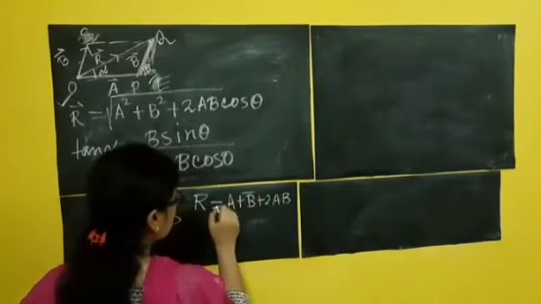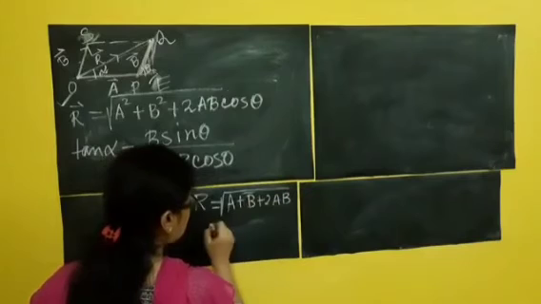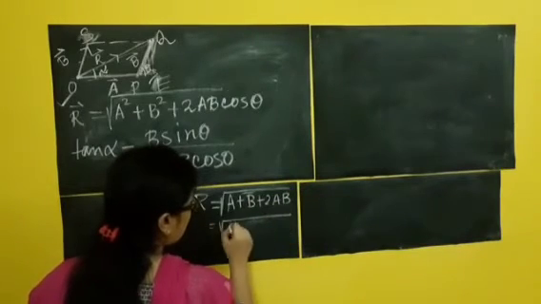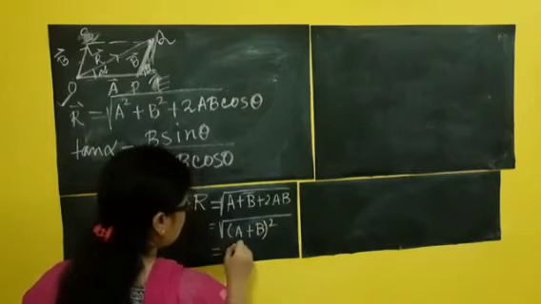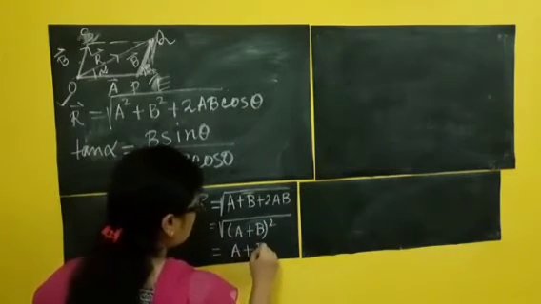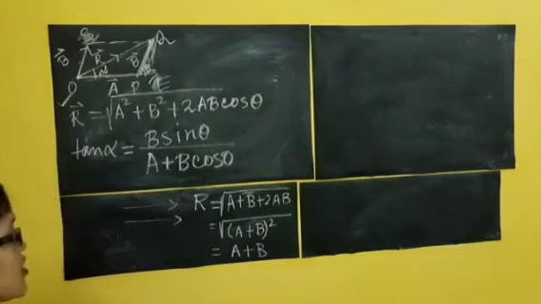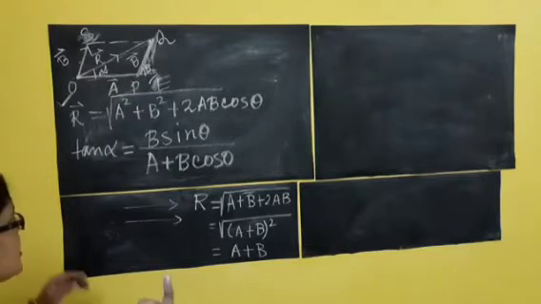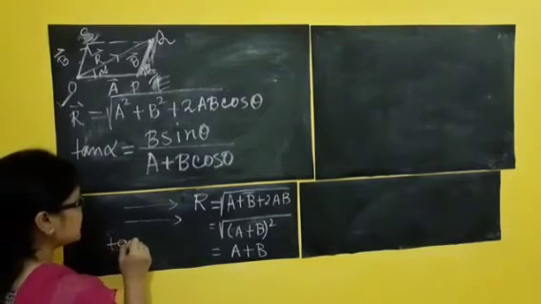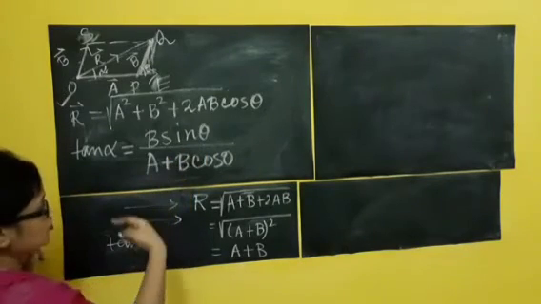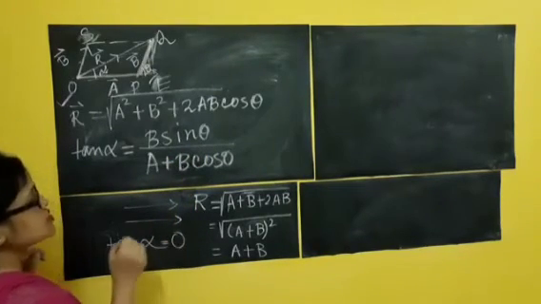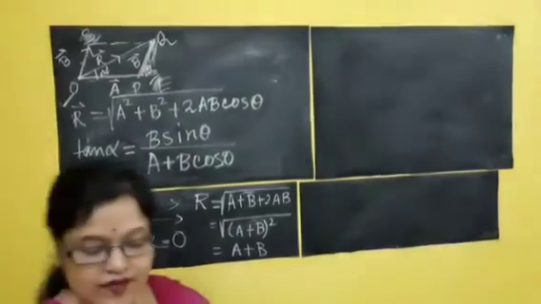This can be written as root under A plus B whole square, so it can be written as A plus B. Clear? No confusion. If two vectors are proceeding along the same direction, what will be the direction of the resultant vector? tan alpha equals, we know sin 0 is 0, so tan alpha equals 0, which means the resultant has the same direction.